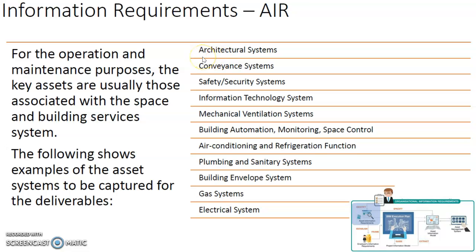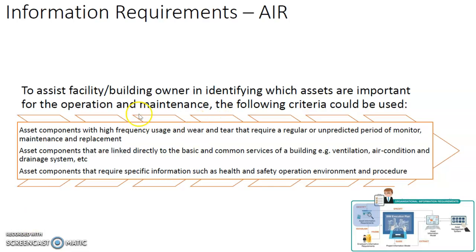By now, you start to appreciate that for a typical building there are many different types of assets you can be looking at. So to assist the facility or building owner in identifying which assets among so many are important for operation and maintenance, you can use certain criteria to prioritize which asset is more important than the rest.